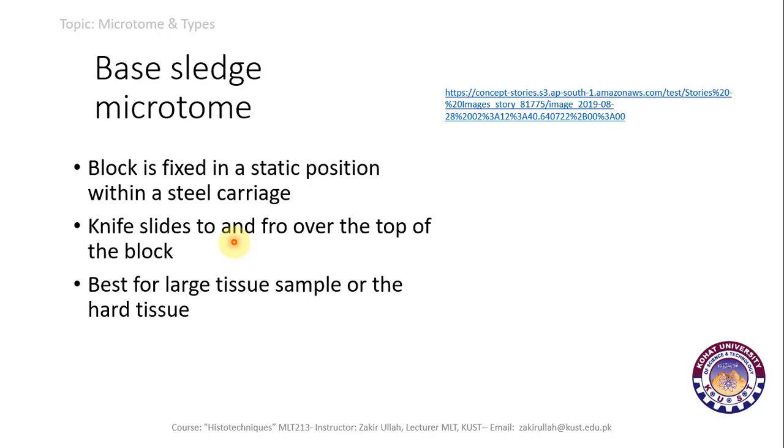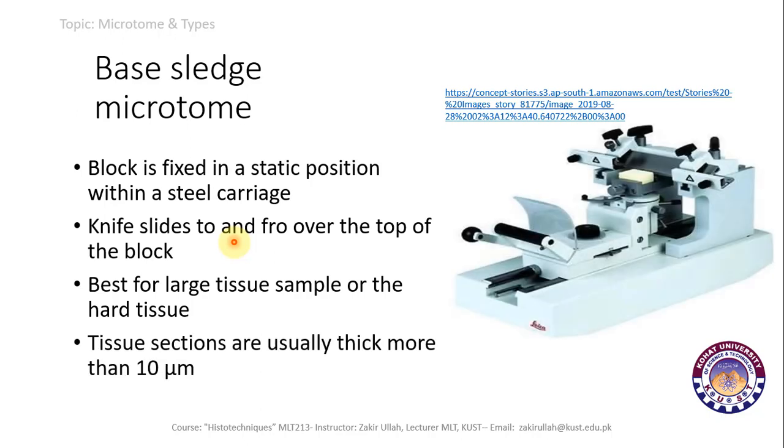This type of microtome is best for large tissue samples, or if the sample is hard, for example bone or cartilage. So this is used for hard and large tissues, and for thicker tissue sections of 10 micrometers or more. This is the picture of the base sledge microtome.